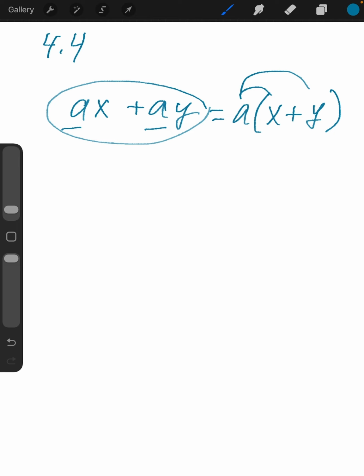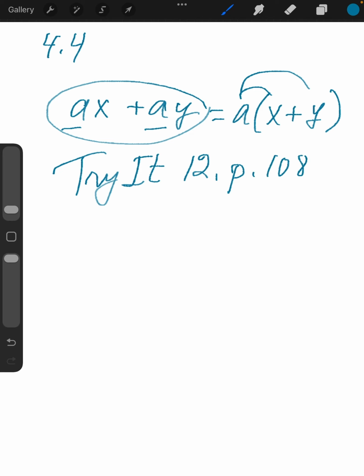However, let's do a few together just to make sure that we're familiar with what we're doing before we dive in. So we're going to do Try It 12 on page 108. Okay, and it's asking us to factor 21a plus 18b.